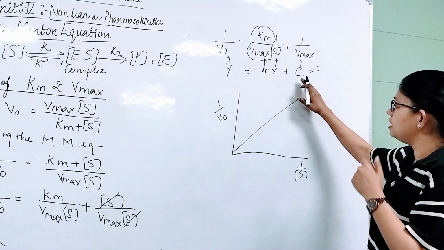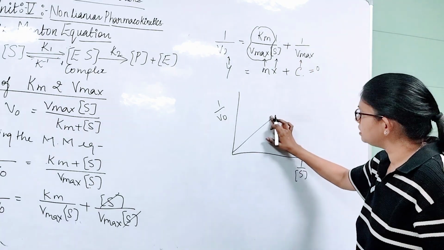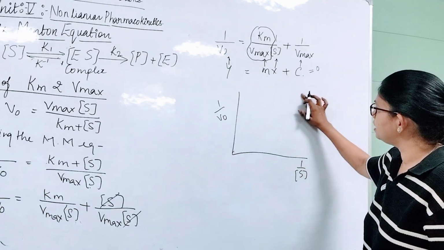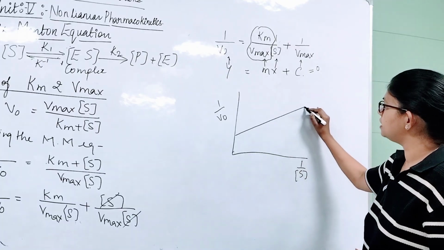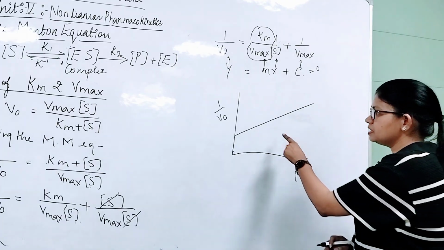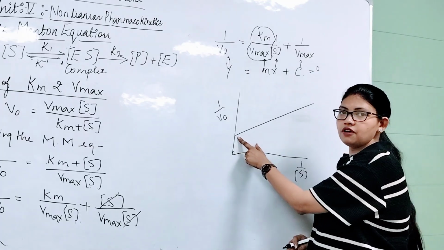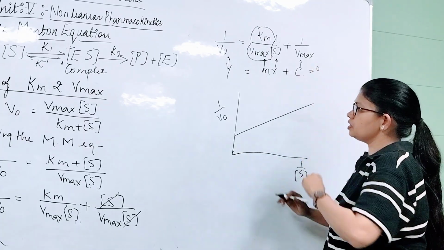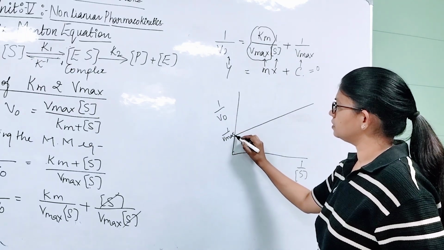But here the value of c is also mentioned, so this will not be the line in this case. We obtain the straight line like this, because this line is intersecting on the y-axis, and it will give the value of intercept, which is equal to 1 upon Vmax, this value.